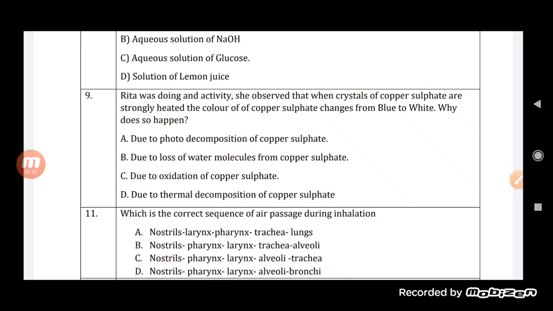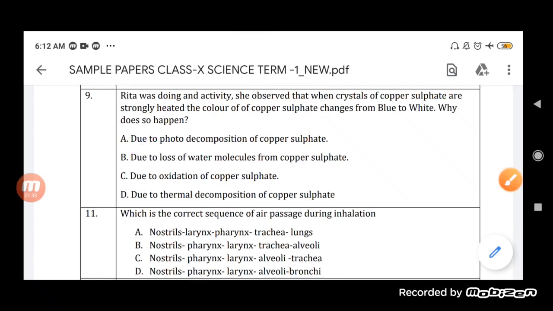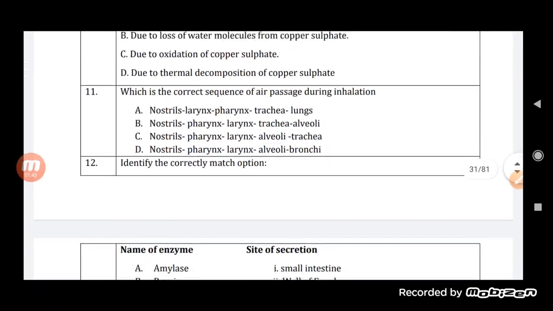So there is only a change in the color, which proves that it was a crystal of blue copper sulfate. Basically it is due to the loss of water molecule from the crystal of copper sulfate that it changes from blue to white. Now let us see the next question.